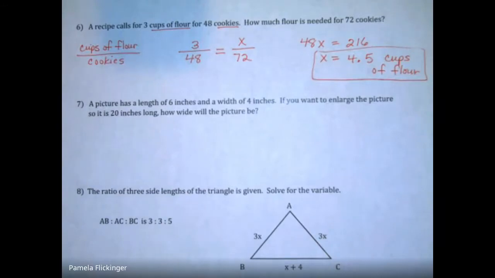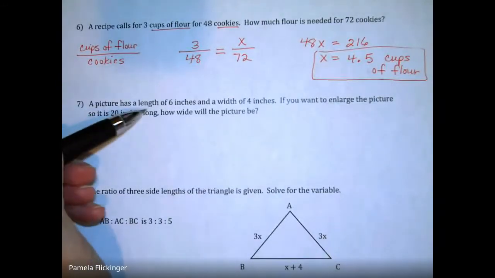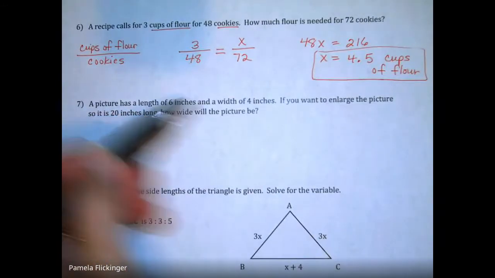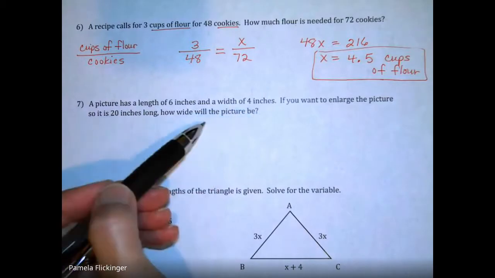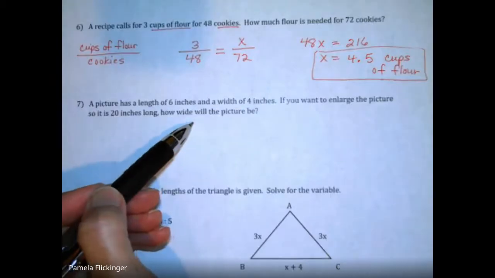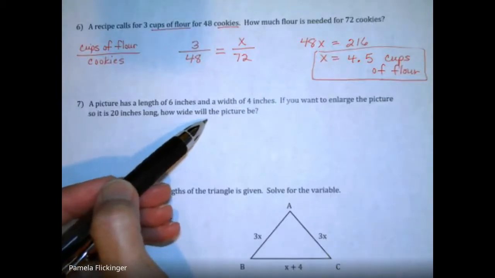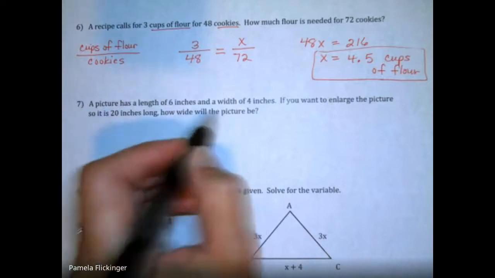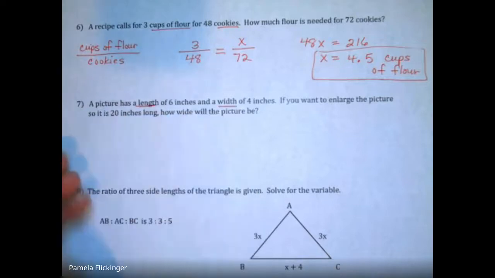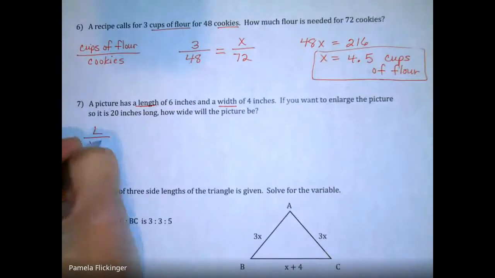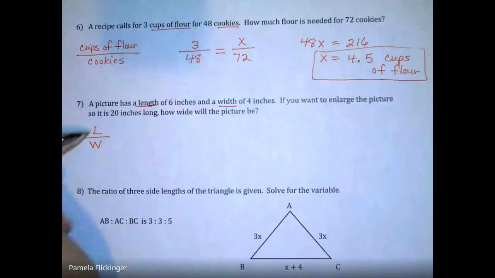All right, one more. A picture has a length of 6 inches and a width of 4 inches. You want to enlarge a picture so it is 20 inches long. How wide will the picture be? So our units here, we're using length and width. Now, I don't have to go in that order.